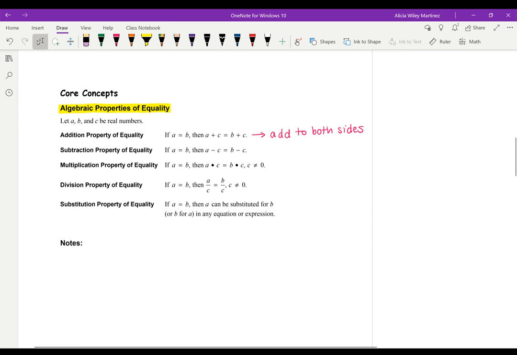The subtraction property, you probably guessed, is when you subtract on both sides. So it's this idea that whatever you do to one side, you must do to the other side. The next one, multiplication, is the idea that you can multiply to both sides.